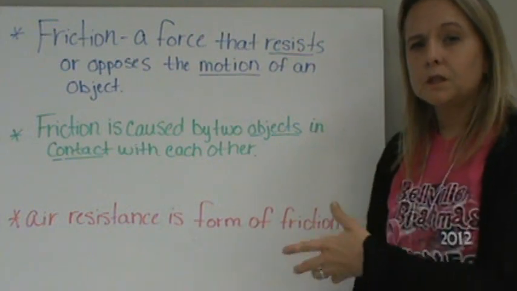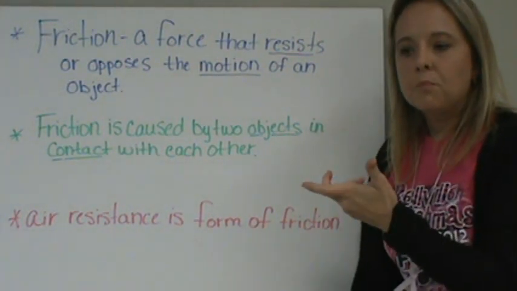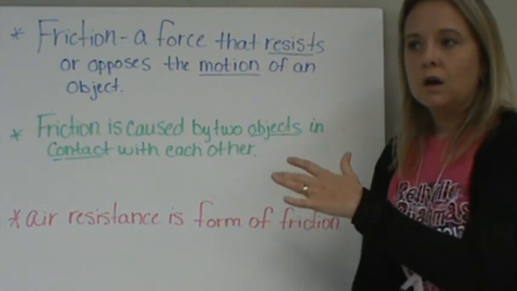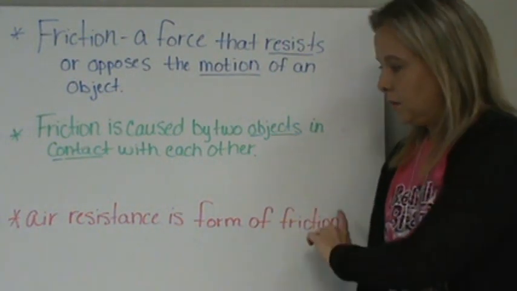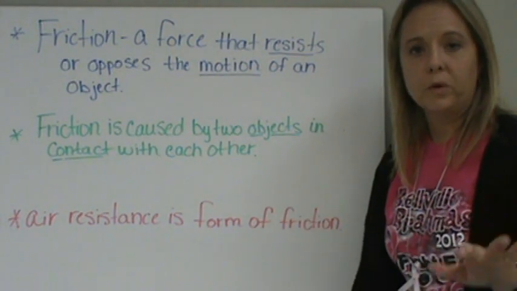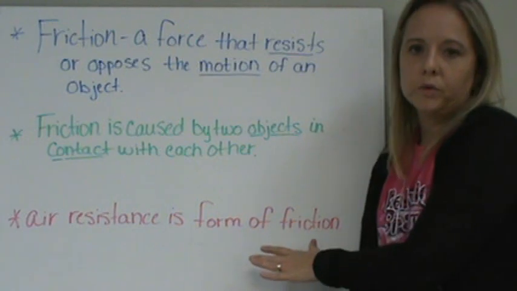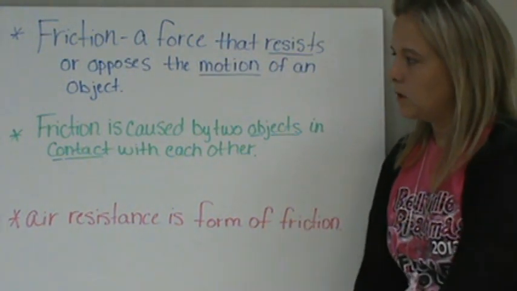We talk about seed dispersal, and we'll have a conversation about that before we're done, but how seeds actually can use this to their advantage when they have, for example, dandelion seeds. They kind of float. They use air resistance to get from place to place on the wind, or how a bird can stay aloft using air resistance. So we're going to talk about some of these things through our classes and through our activities.